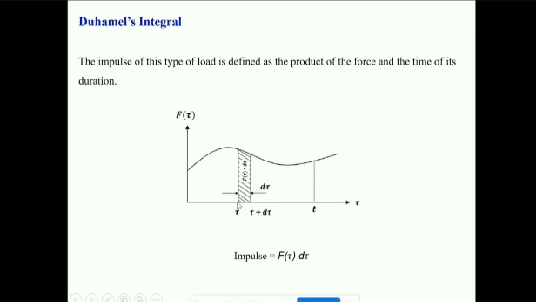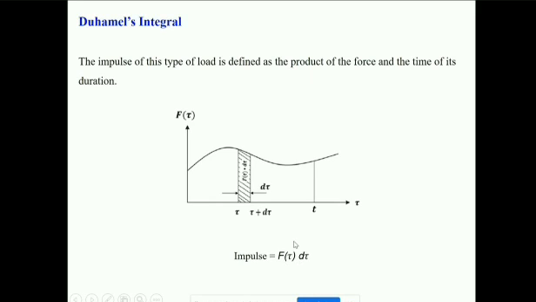This loading we may consider as an impulsive loading because the time interval is very small. Therefore, the impulsive load over this infinitesimal time interval d tau is f(tau) d tau.